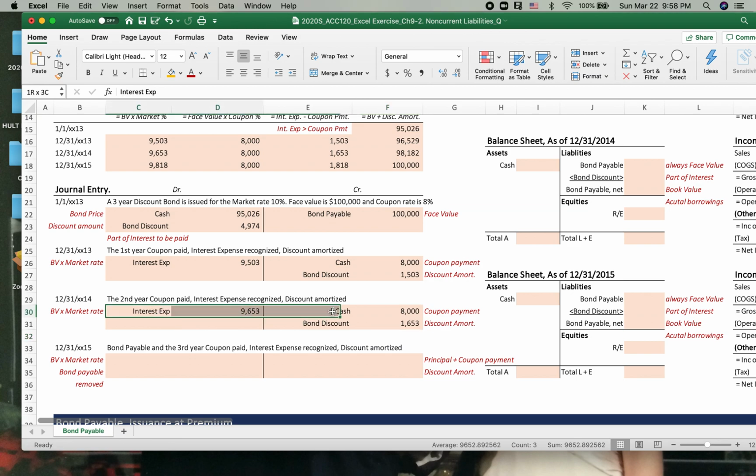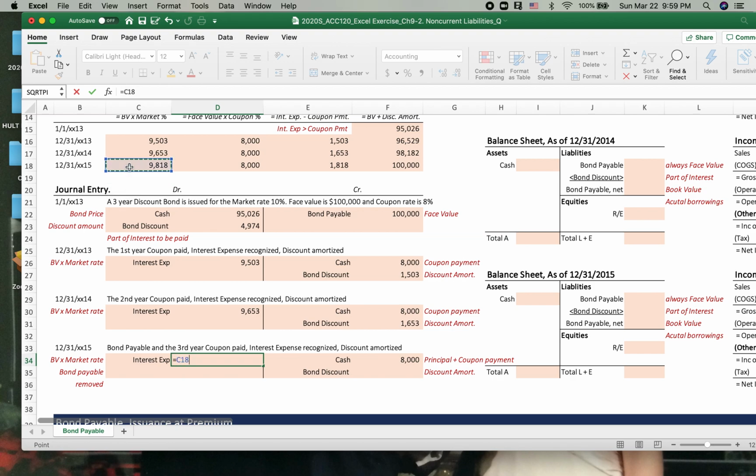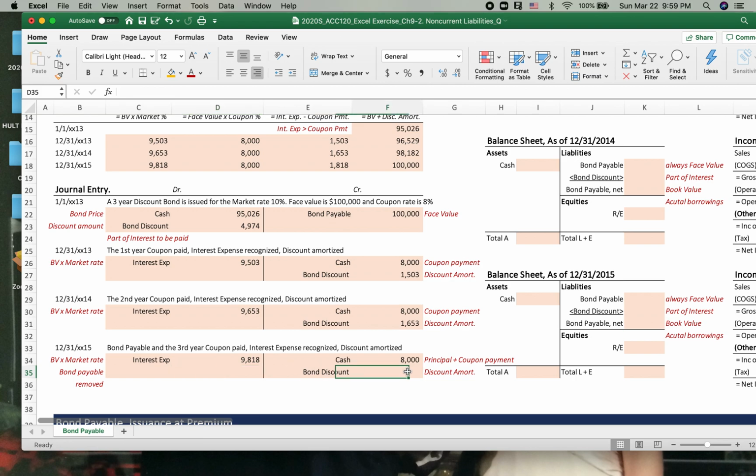And then the final year, one more time. The cash the company paid, 8,000. And the bond interest expense, the last year, the company should recognize $9,818. Then the bond discount, the difference between two, is $1,818.